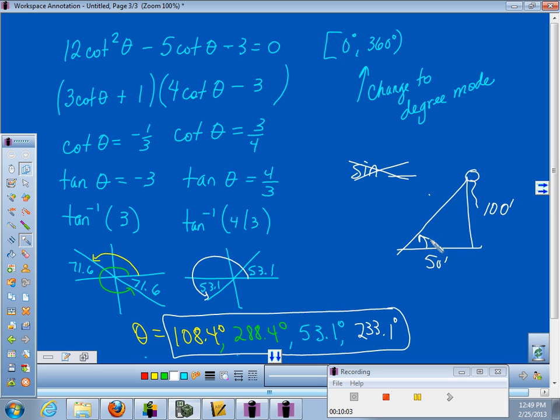You set up tangent, opposite over adjacent, 100 over 50, and to get it out of your calculator, you had to punch inverse tangent to get that angle, because every time you want the angle, you're asking for the opposite. Normally, you give it the angle, and it gives you the number value. You want the reverse. You've got the number value, you need the angle, you got to do inverse. So you'll be strictly doing inverses on these.